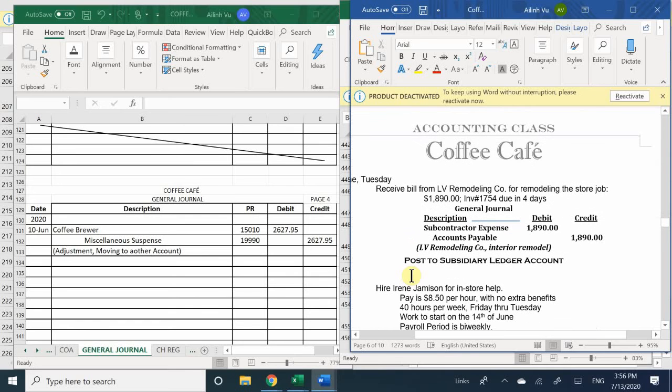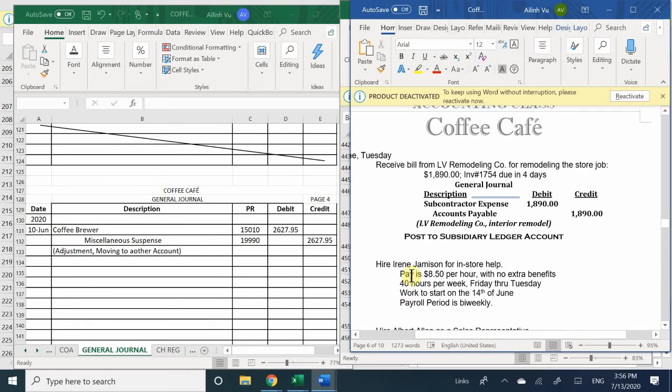Okay, so now we finally made it to Tuesday. Monday was a pretty long day. Tuesday says you received a bill from LV Remodeling, okay? And this was for the remodeling job.